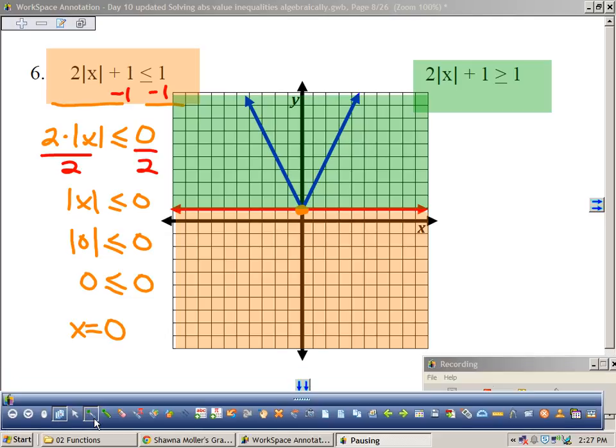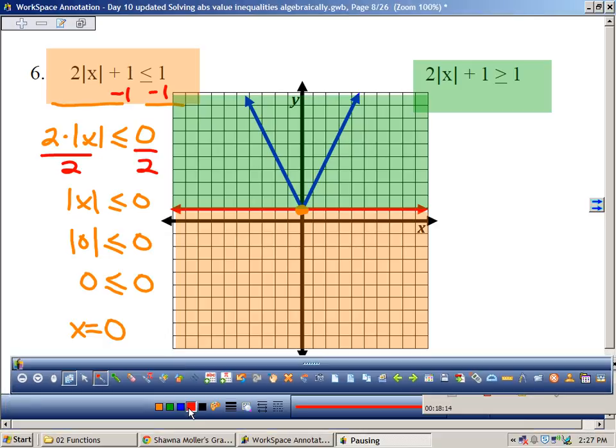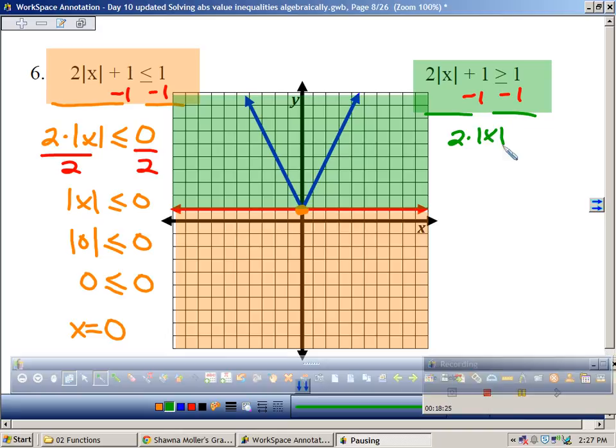Almost all real numbers. Check this out. I'm going to get 2 times the absolute value of x is greater than or equal to 0. Divide by 2. And I get the absolute value of x is greater than or equal to 0.